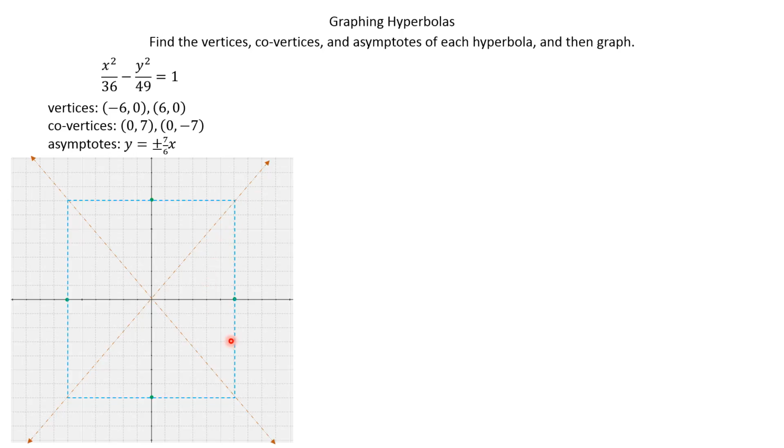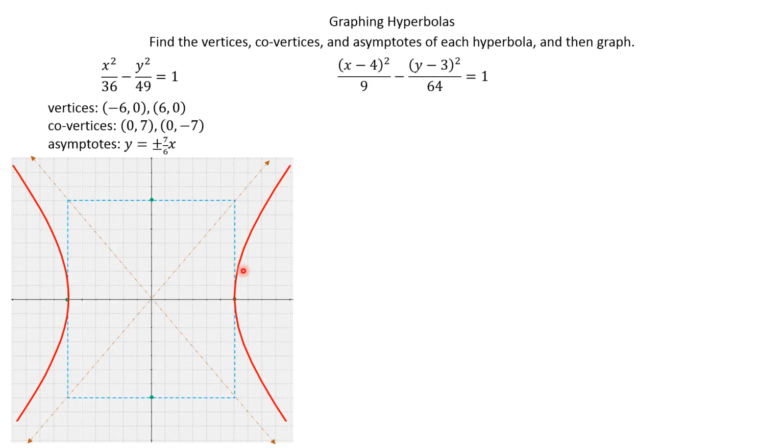It doesn't come down here. I start at the vertex and go out towards each side, and make it asymptotic with the asymptotes. And there's the hyperbola. Not much different than graphing an ellipse, except that it looks entirely different. But when you see the other stuff here, you can see where it's very similar.